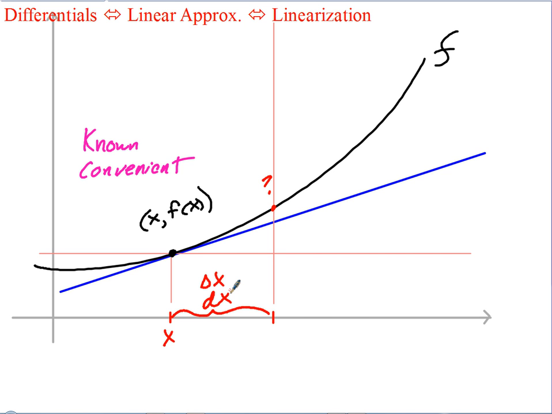So then we could say that isn't that just going to be x plus dx, or x plus delta x, whatever you choose to call it. So then what would the coordinates of this point right here actually be?